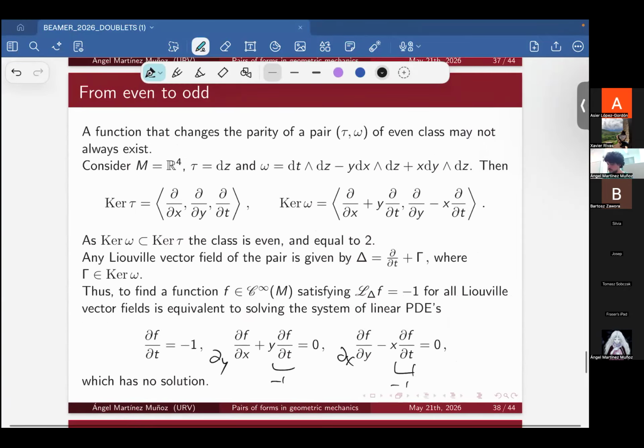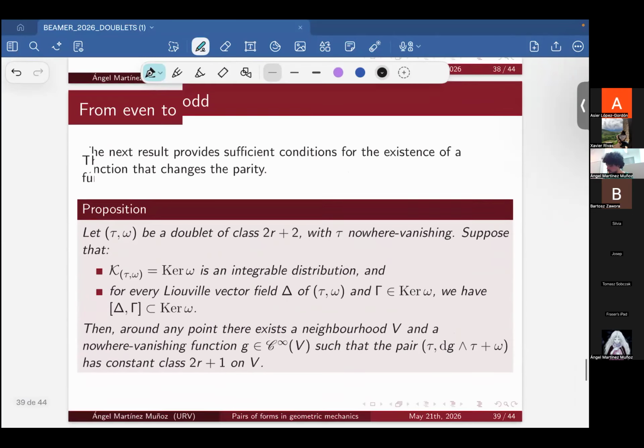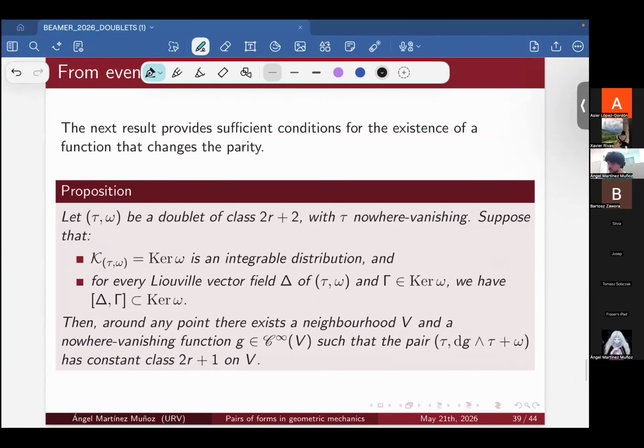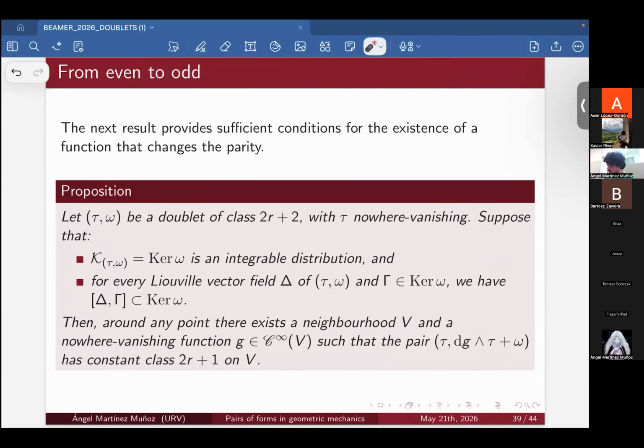So just as a comment for us, it was interesting to see when this transformation by a function could be doable and when it couldn't be. So the next result gives you sufficient conditions for these functions to exist. If you have a doublet of class 2r plus 2 and tau is nowhere vanishing, and you have these two conditions here, which are that the characteristic distribution is integrable, and that for every Liouville vector field, when you do the Lie bracket with something from the characteristic distribution, then you end up in the characteristic distribution again.